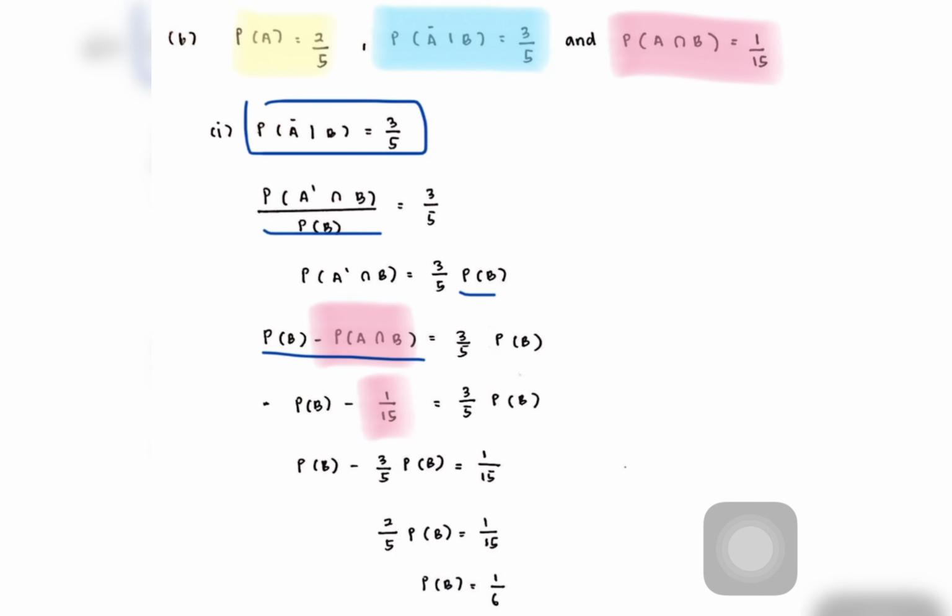Then we will get 2 over 5 times the probability of B equal to 1 over 15. So the answer is the probability of B is 1 over 6.